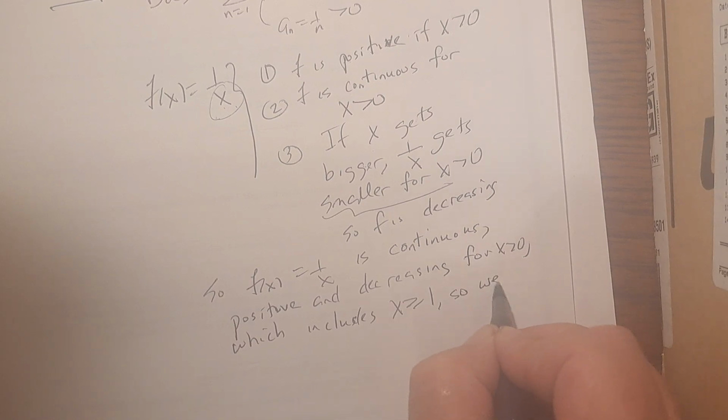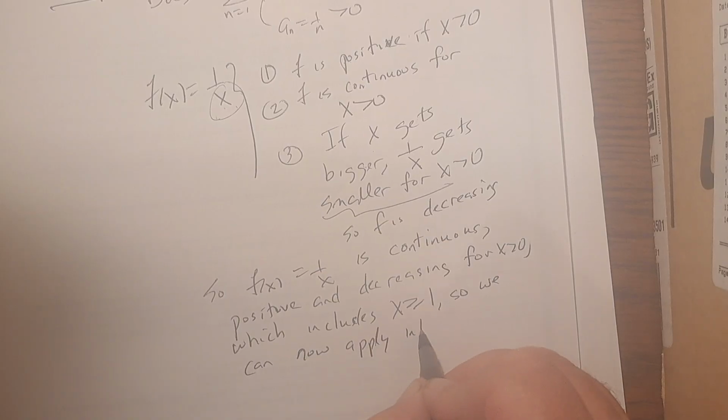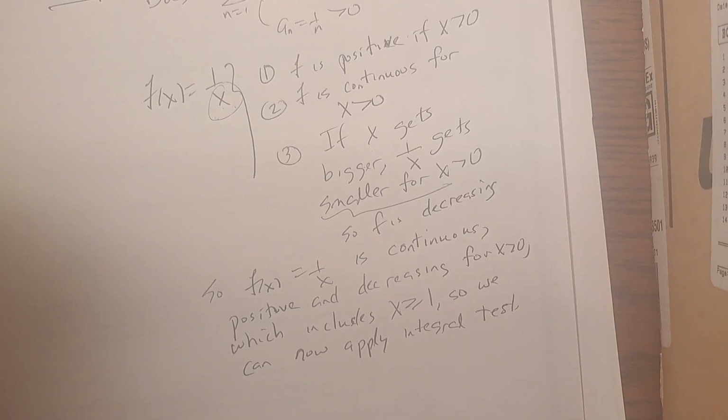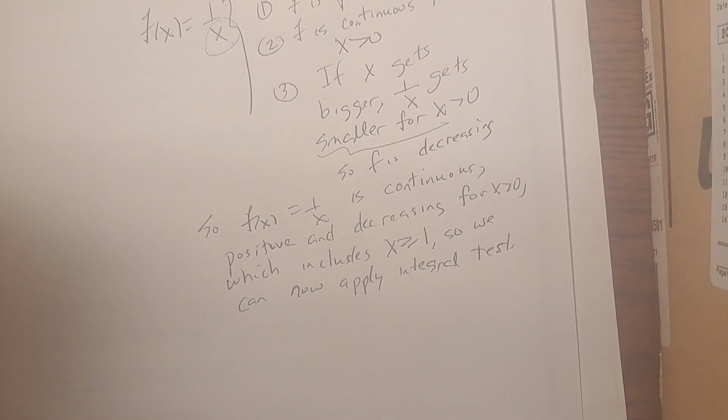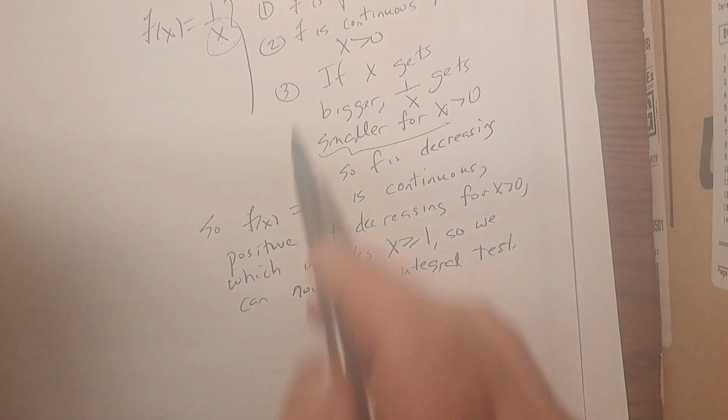So we can now apply the integral test. You have to show you meet the conditions of the integral test, or what you've done is not a useful calculation. You can check the integral first if you want to, and then go back and verify it, or you can verify before you do the integral, but either way, your conclusion doesn't mean anything unless you verify that you have met the conditions, namely these three conditions.